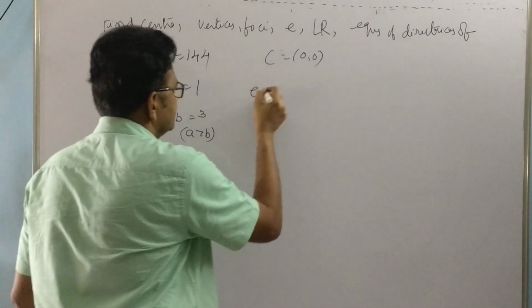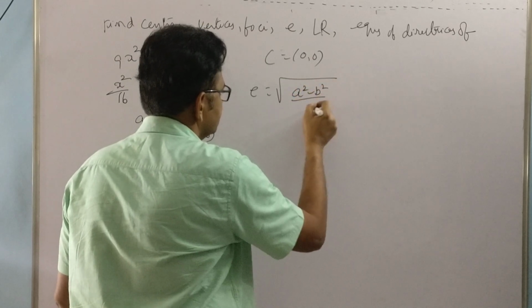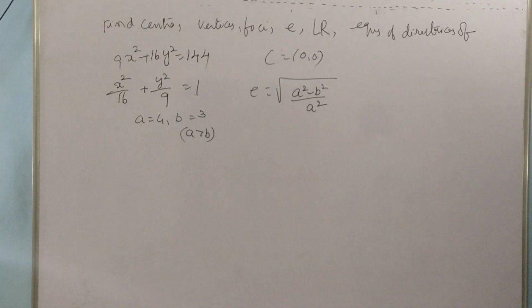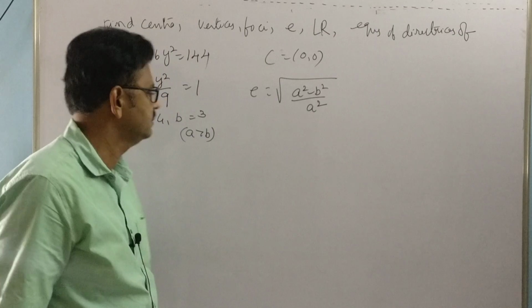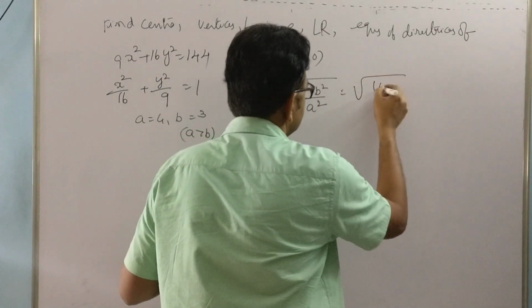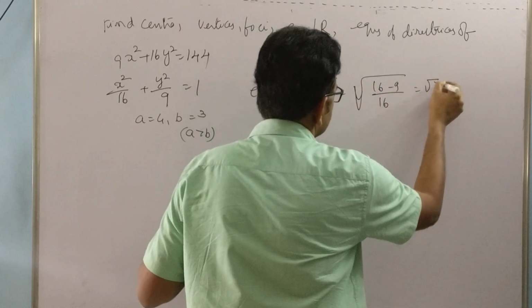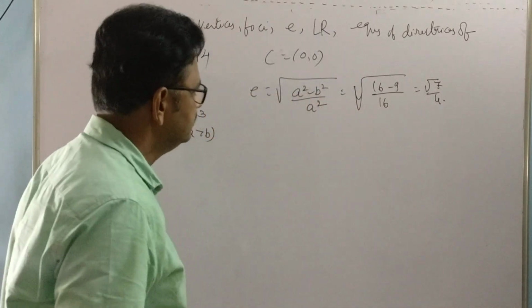Now eccentricity is root of a square minus b square by a square. Where a square is 16, root of 16 minus 9 by 16, that is root 7 by 4, the eccentricity.